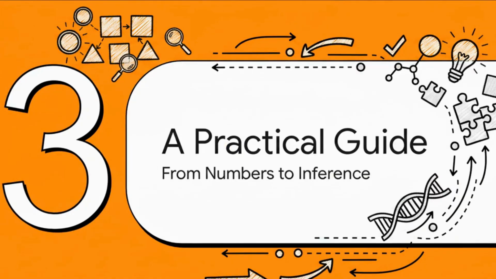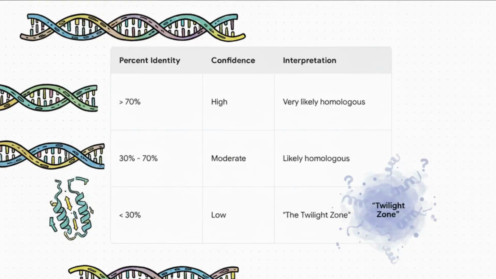Okay, theory's great, but how does this work in the real world? How do we actually go from our identity score, our number, to making that big call about homology? Let's get practical. So this is a pretty handy guide for making that inference. If you see identity over 70%, yeah, you can be pretty confident they're homologous.